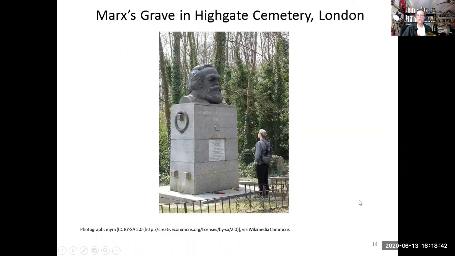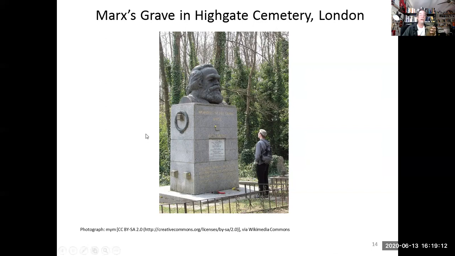Marx is buried in London. He fled to London after the failed revolutions of 1848 because he was not a popular man in any European capital. He went to Paris, went to Brussels, and he was hounded, watched by the police, and everywhere he went, even in London, of course, he was watched by the police. But England was fairly open about accepting political exiles from the rest of Europe.